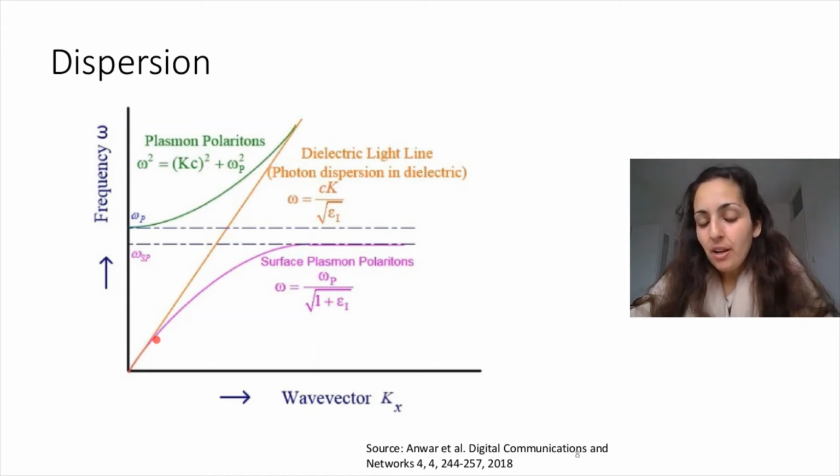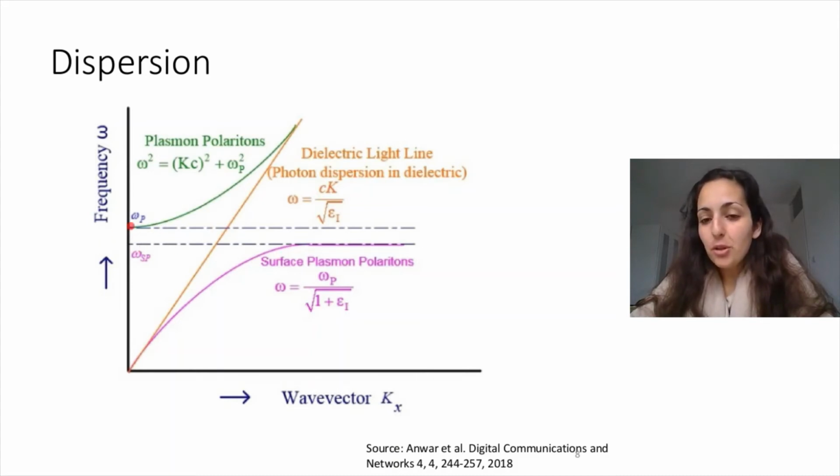But then the curve becomes flatter and flatter, and at a certain point it approaches a horizontal. This horizontal is given by what we call omega SP, the surface plasmon frequency.